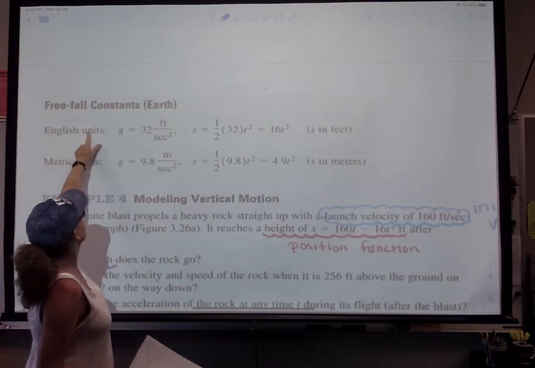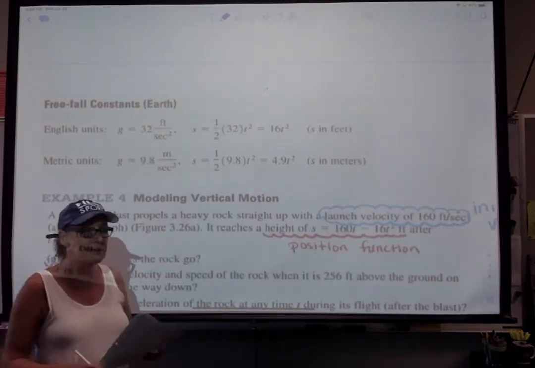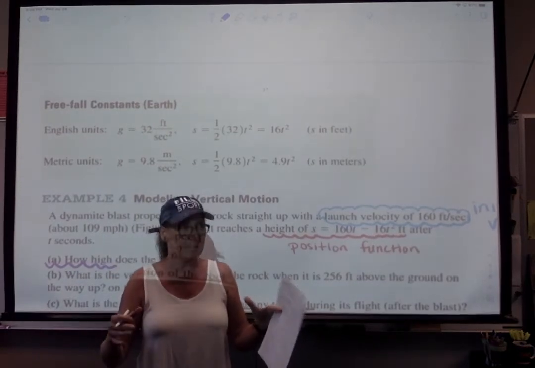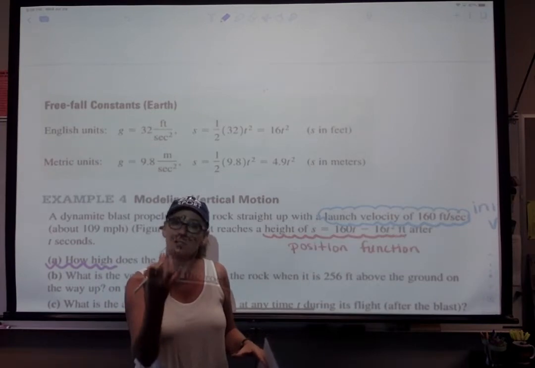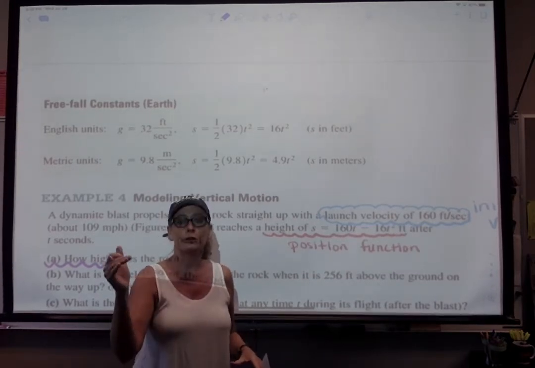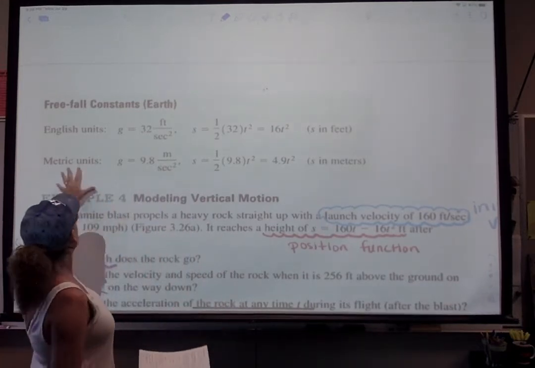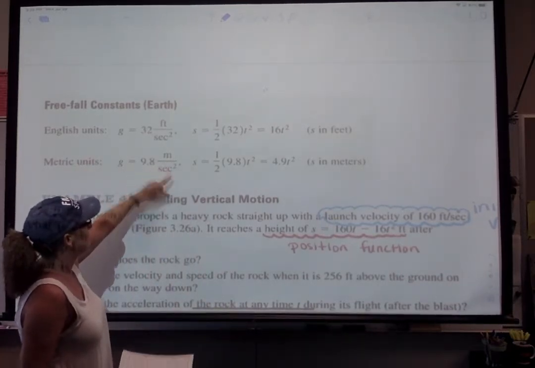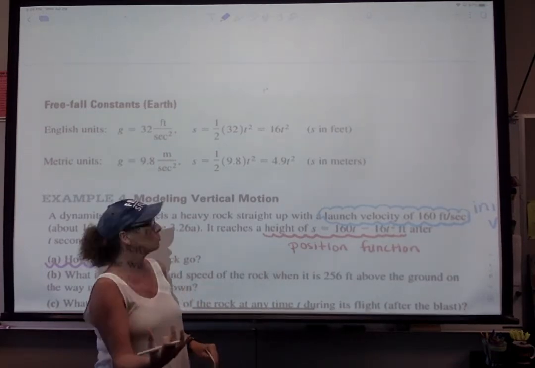So in English units, gravity is 32 feet per second squared. But keep in mind that the pull downward is 32 feet per second squared. When we use that in an equation, we use a negative on it because it's a downward pull. And then in metric, it's 9.8 meters per second squared. Again, when we use that in an equation, it's a negative because it's a downward pull.